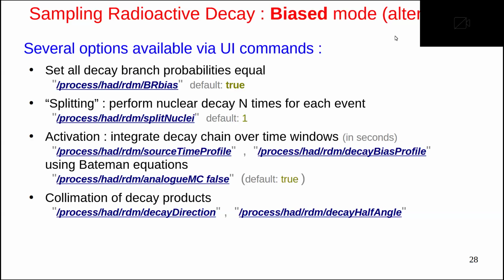Very useful is this activation feature. If you think about an accelerator, you can specify the profile where you have an activation, where your beam is hitting a certain target with a profile which goes even over months. And then you have another time profile, where you are interested to know the radioactivity, for instance. So imagine an accelerator beam which is going on, and then you want to know in some part where humans have to go and make some intervention, what is the profile of the radioactivity there as a function of time.